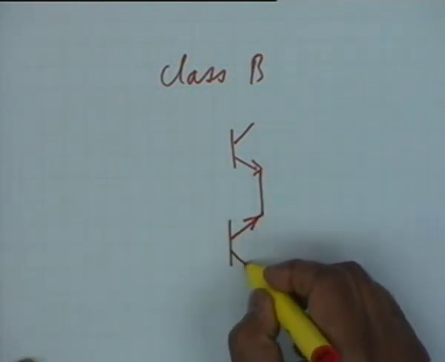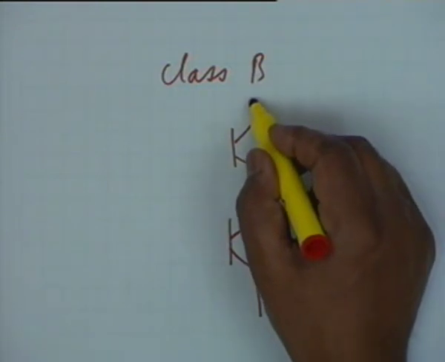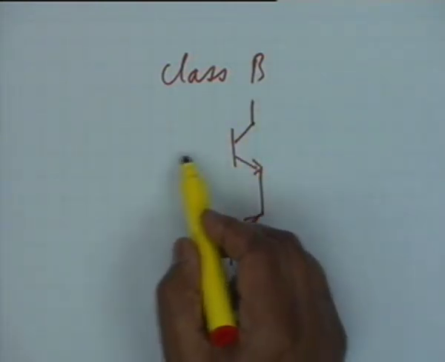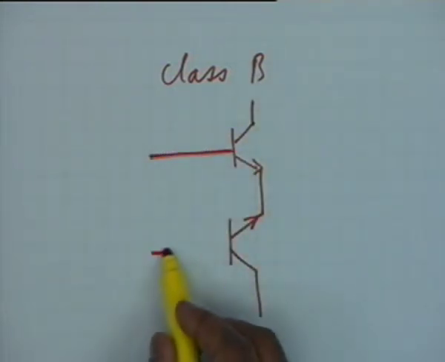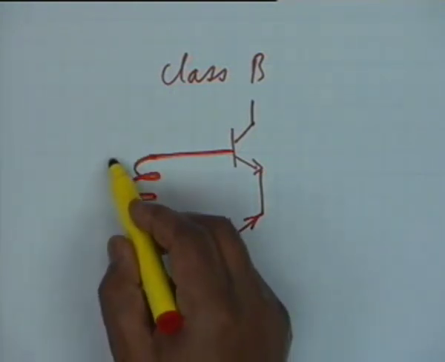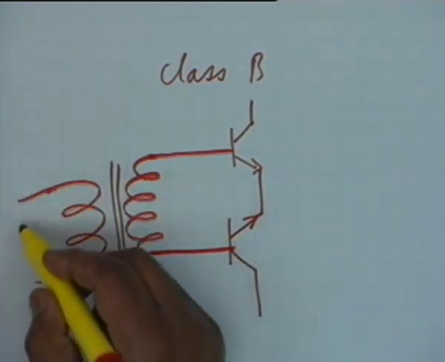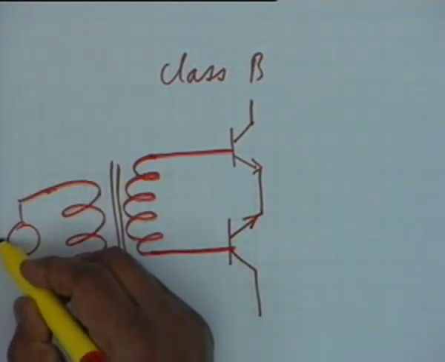You use two transistors like this, and in the base circuit you feed the signal through a transformer. This is your signal to be amplified, Vi.